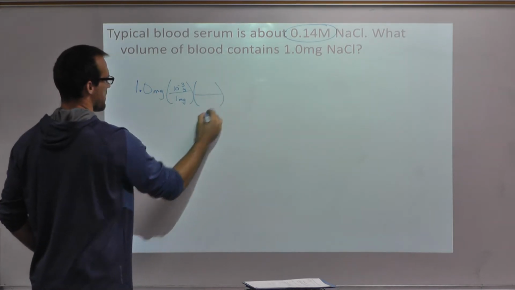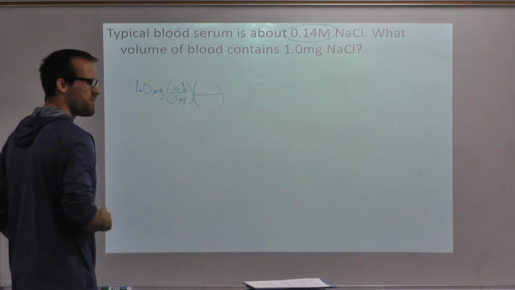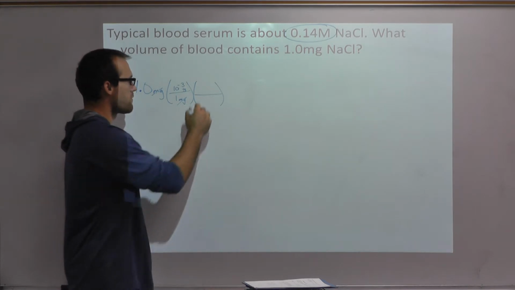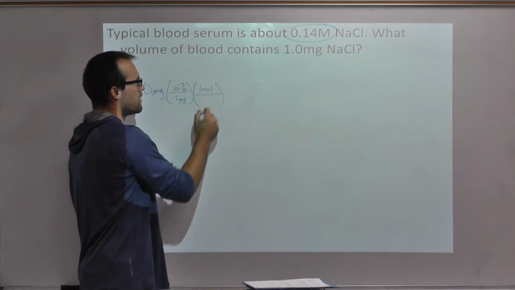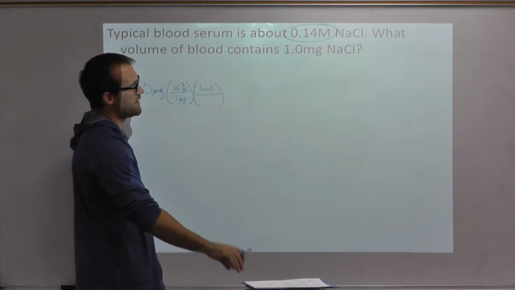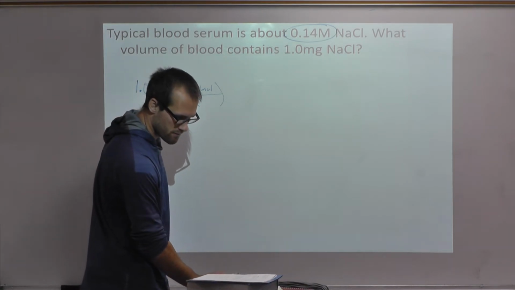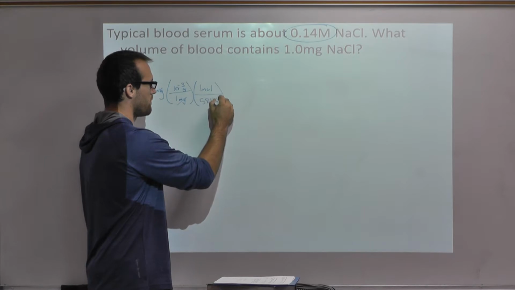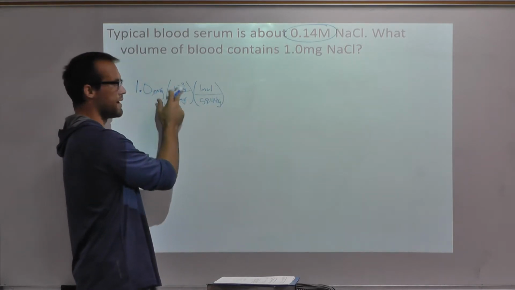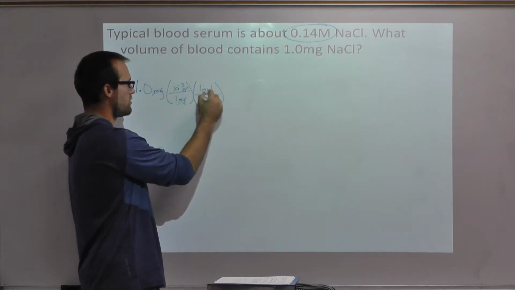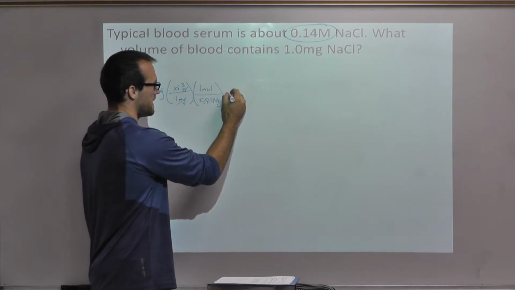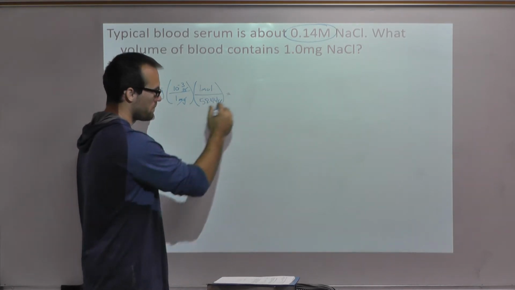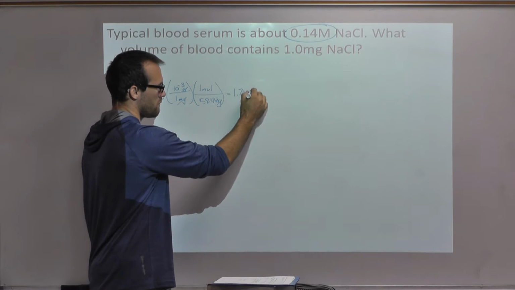Then, once we've done that, we can do molar mass, correct? That's like 58 point something, 58.44. So I took milligrams to grams, grams to moles, and remember this is moles of what?